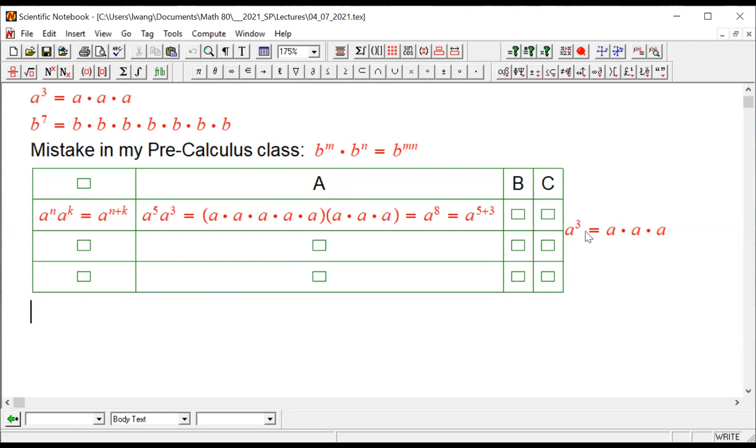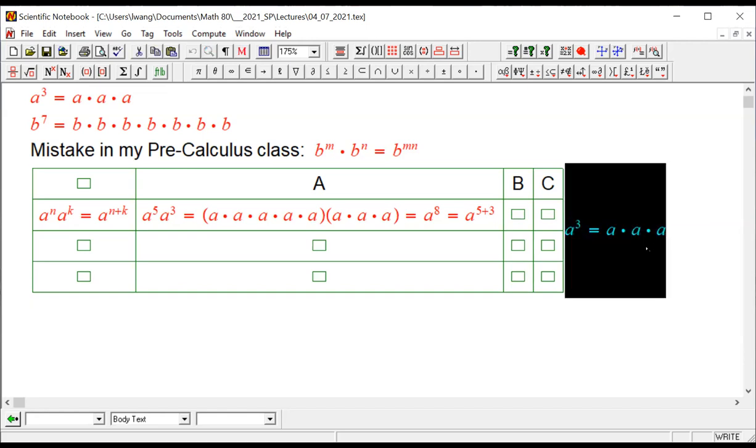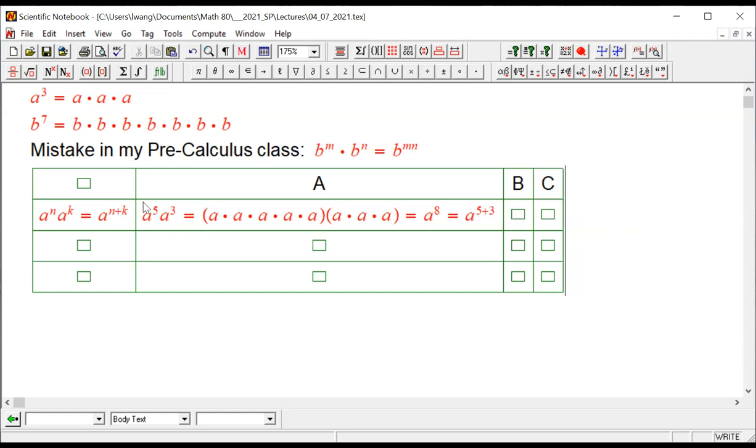Okay? Are you guys with me? So I want you guys to put it on your paper and pencil. A to the power of n, what does that equal to?